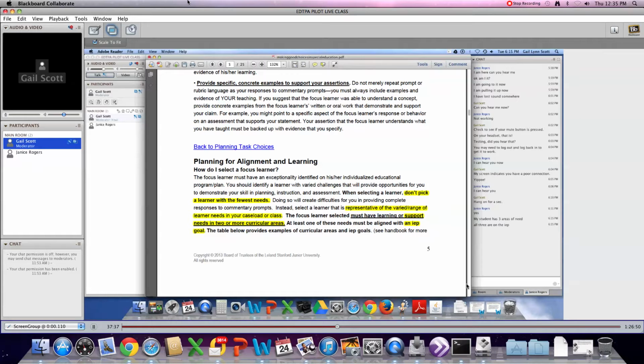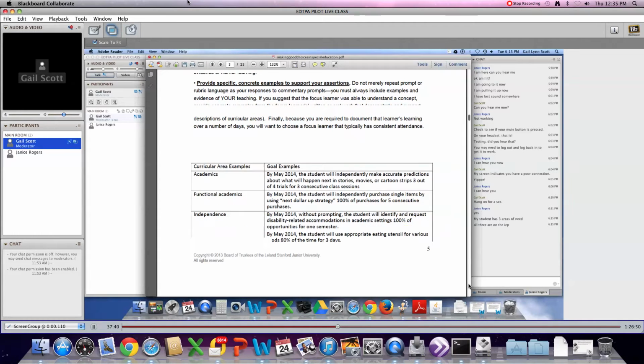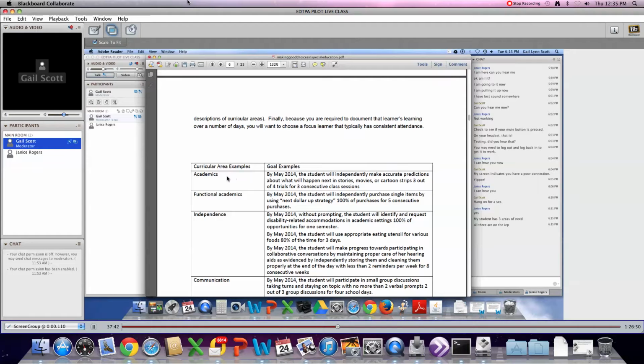Now, I really like the examples here. They're academics, and then you have to pick another curricular area. Another curricular area for some students might mean I do language arts and math, or I do writing and word decoding, or whatever.